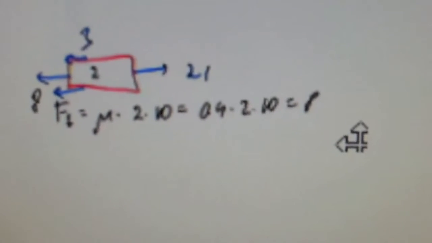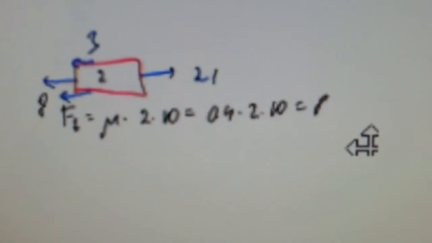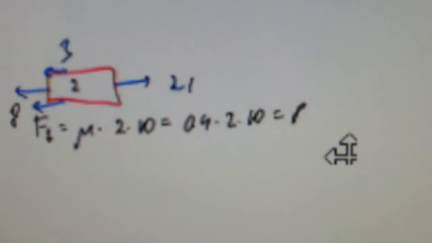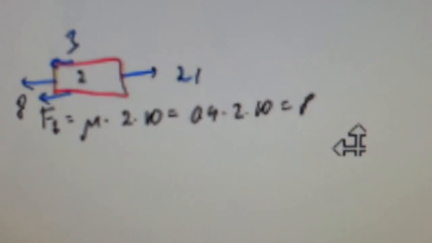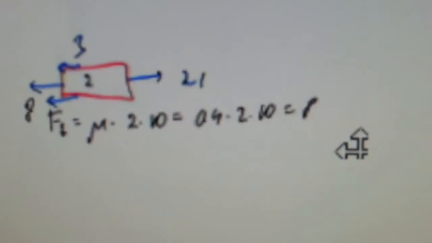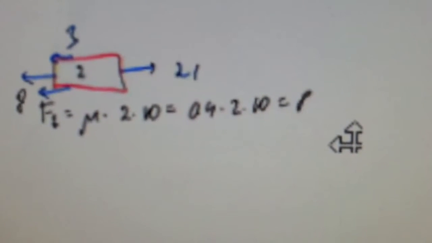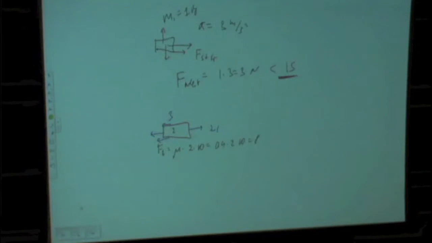Here, I made a mistake. I forgot to include the force acting from the top box on the bottom box. So my calculation of the force of friction is wrong. The correction is in the next lecture. All right. Why do we have 3 arrows? There's only 2.